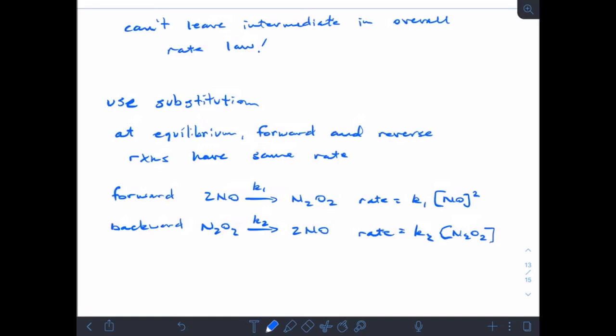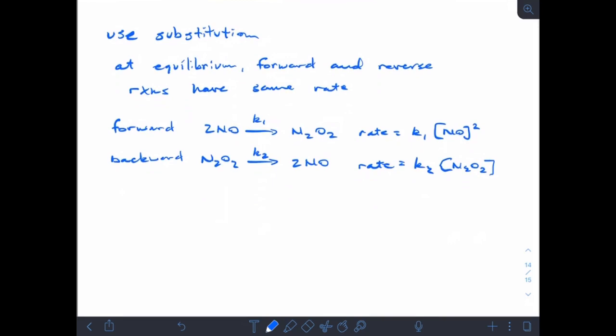So if the rate equals K1 NO squared and the rate equals K2 N2O2, then I can write this as K1 NO squared equals K2 N2O2, because they both equal the same thing, therefore they equal each other.